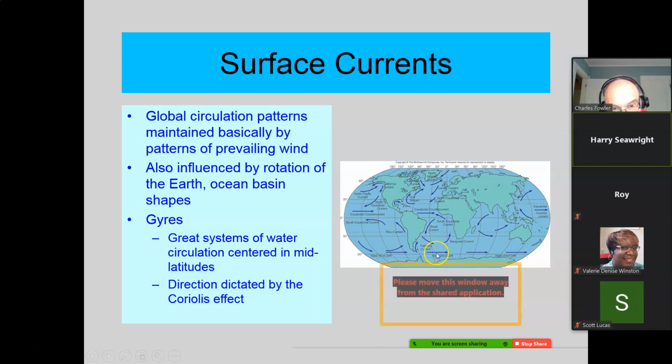That's one current, but it just goes all the way around. Most of the rest are just one line per current, I think. Correct me if you see any others that are multiple. Gulf Stream is definitely multiple.